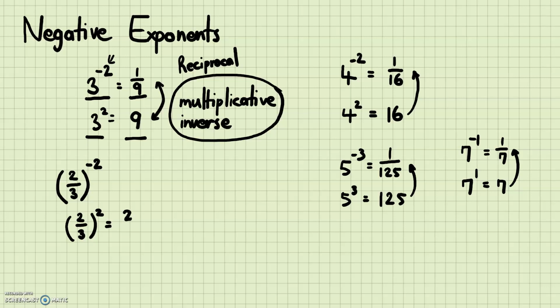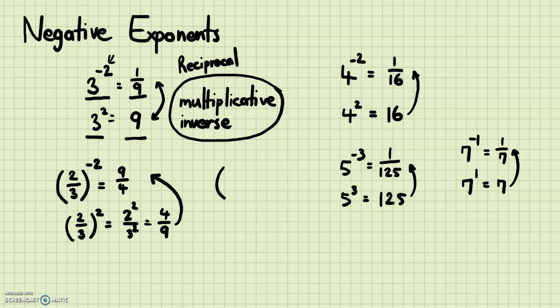That's 2 squared over 3 squared, which is 4/9. So for the negative 2 power, it's just going to be the reciprocal of 4/9, which is 9/4. Okay, so that's how you can evaluate even negative powers of fractions.